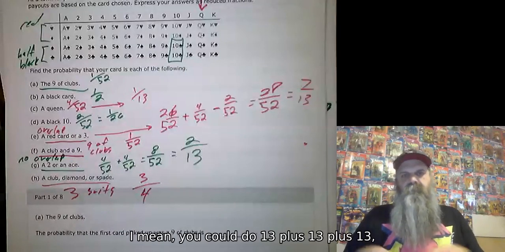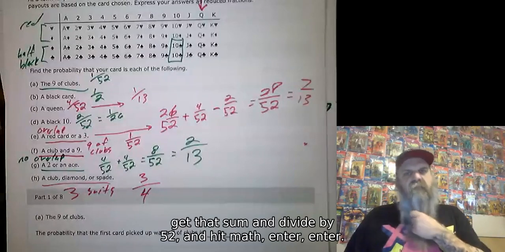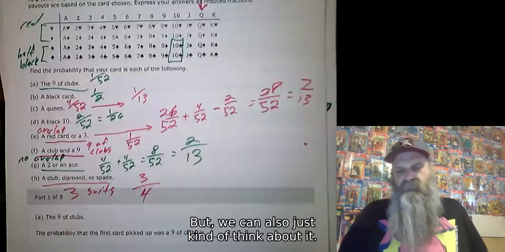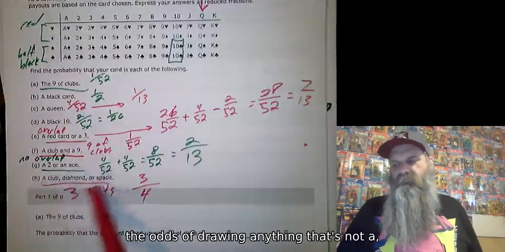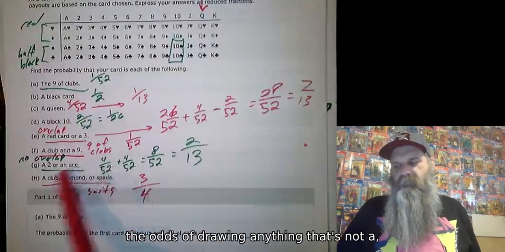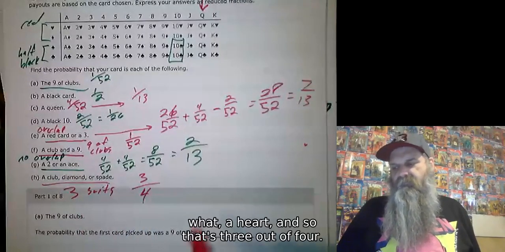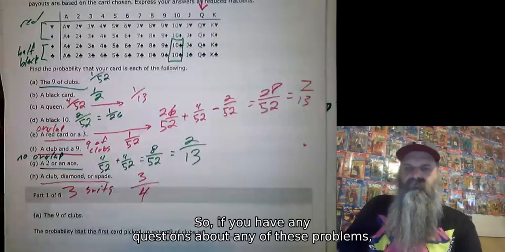I mean, you could do 13 plus 13 plus 13, get that sum and divide by 52, and hit math, enter, enter. But we can also just kind of think about it. There are 4 suits. It asks for the odds of drawing anything that's not a heart. And so that's 3 out of 4.